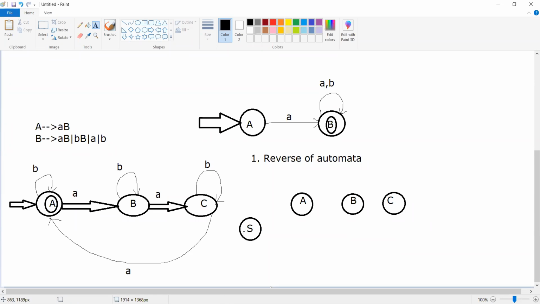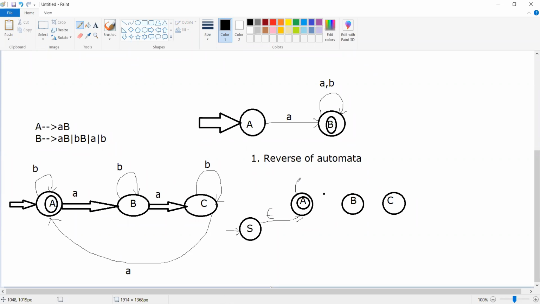From this new initial state, we need to specify the epsilon transitions, and A is my final state. The rest of the other transitions will be the same.